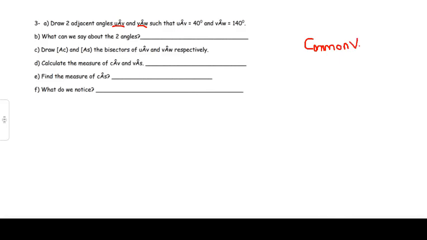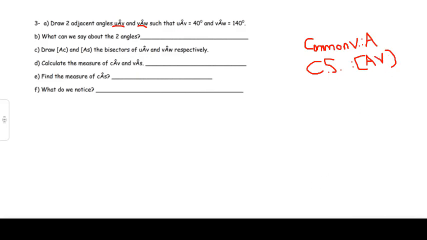V is for vertex, which is A, and the common side, look here, what is the common side? A is repeating and V. So the common side is AV. It's a semiline. It's closed from A, the vertex, and V, it's open.